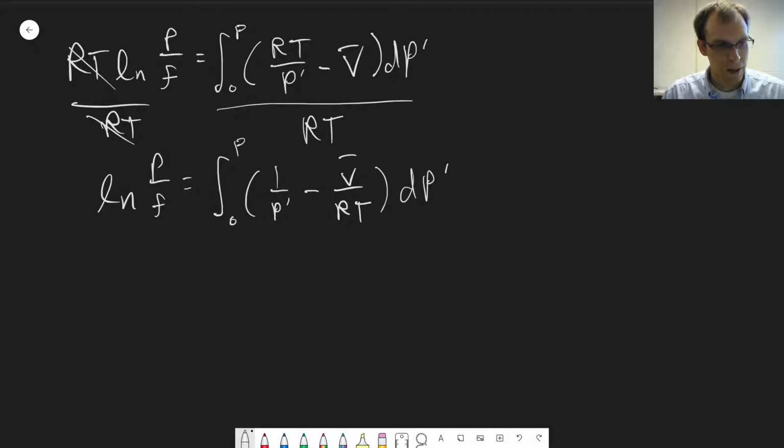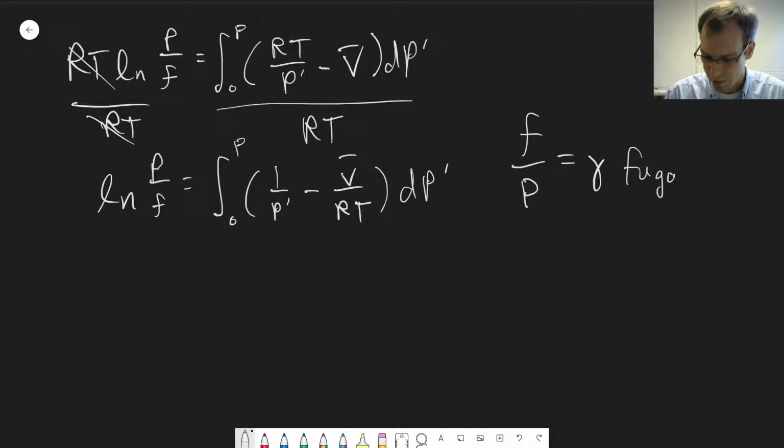Okay, and then often we express fugacities. We look at F over P, and we call this gamma, which is the fugacity coefficient. So we'd like to flip this entire equation.